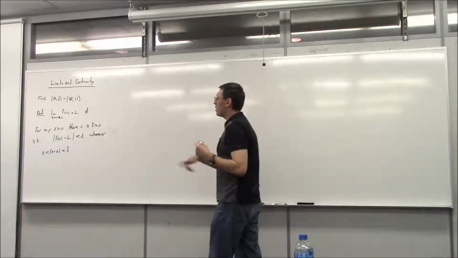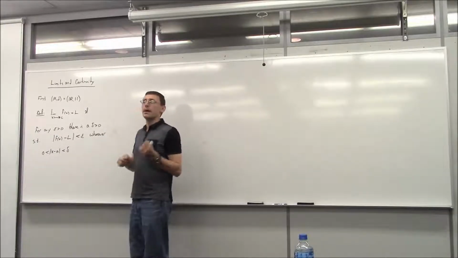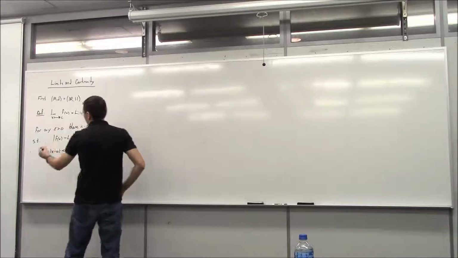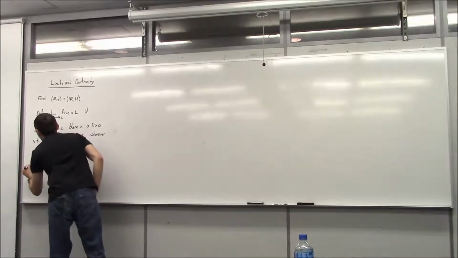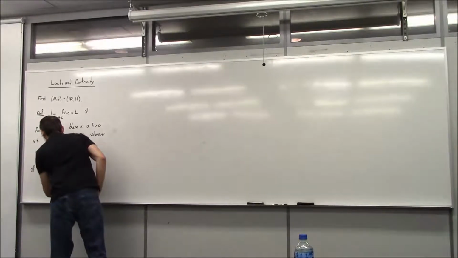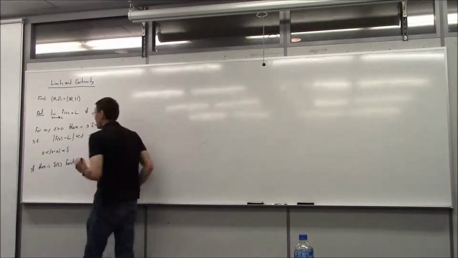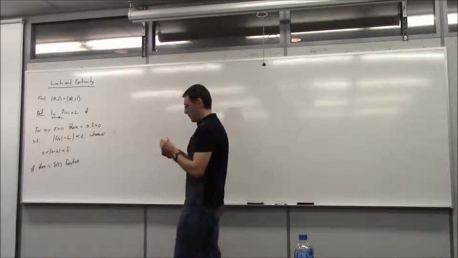Good? Now, this definition might be better stated in the following way. Instead of saying this phrase, you might as well say if there is a delta epsilon function. You understand what I mean by delta epsilon function?